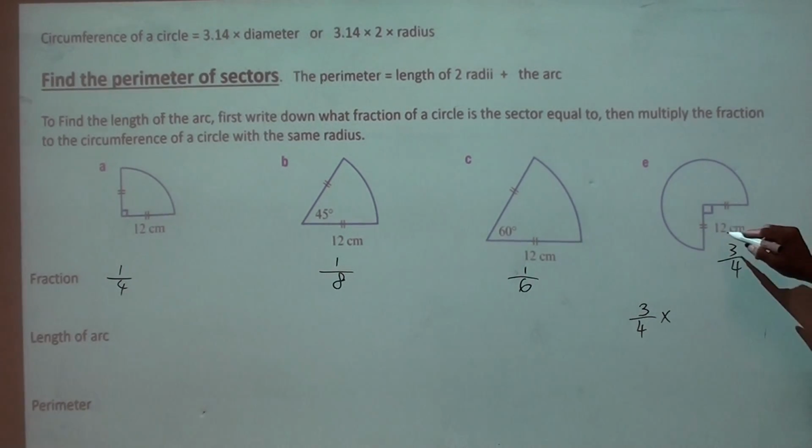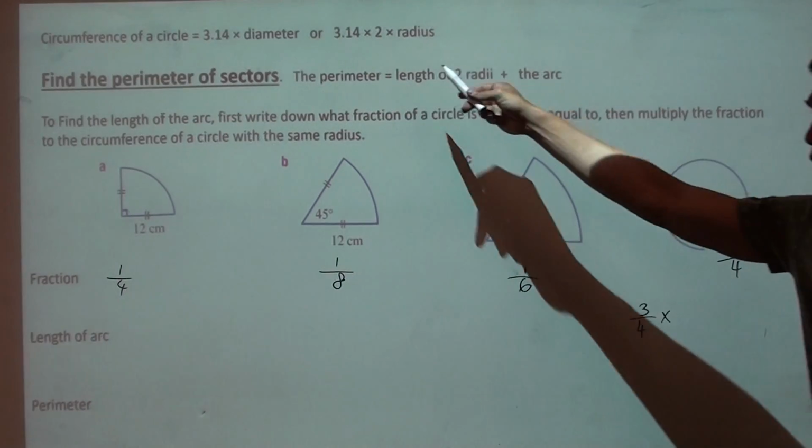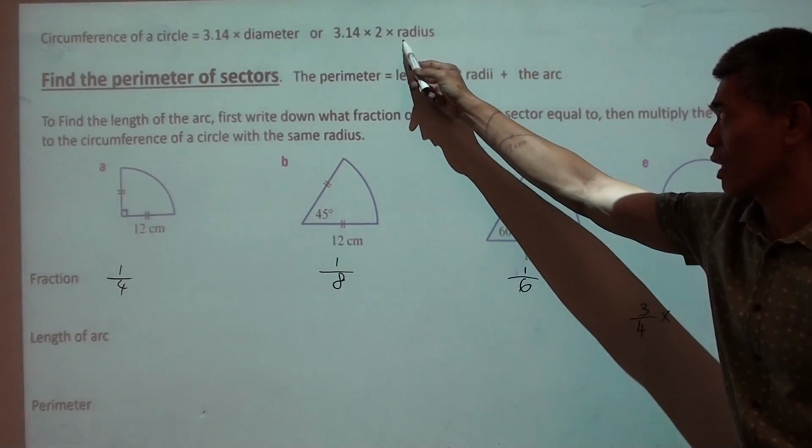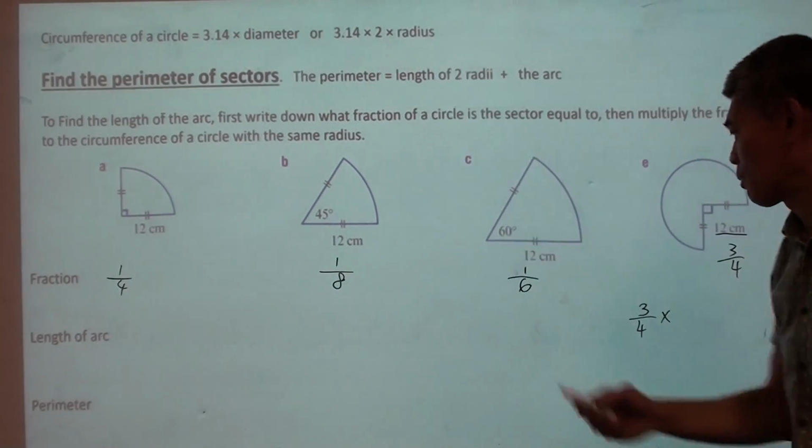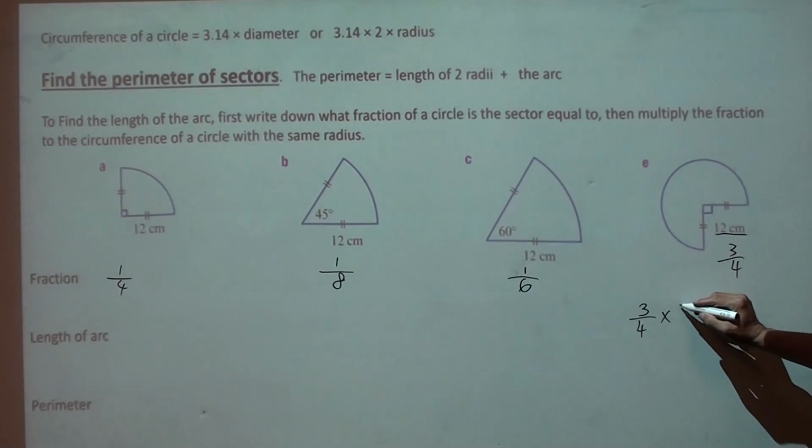Now you can see over here that the radius is given as 12 centimeters. Bear in mind, for the circumference of the circle, if you are calculating using the radius, that's 3.14 times 2 times the radius.